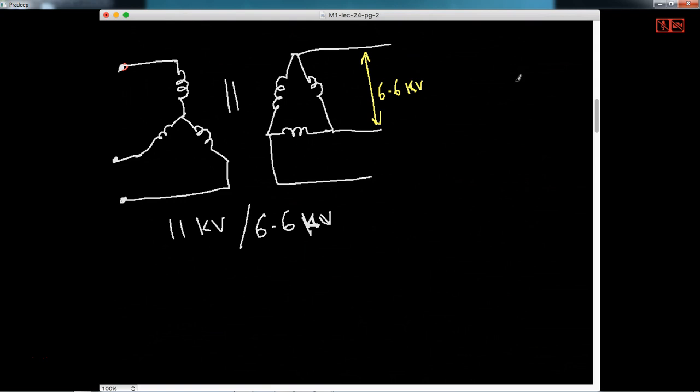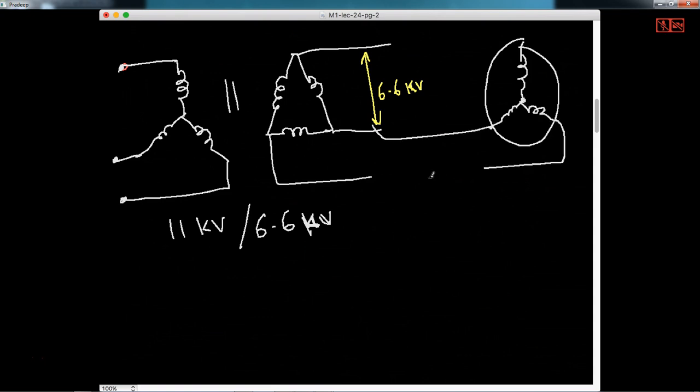Now what is connected as a load here? Another motor, whose stator winding is connected in star. The motor converts electrical energy into mechanical energy.